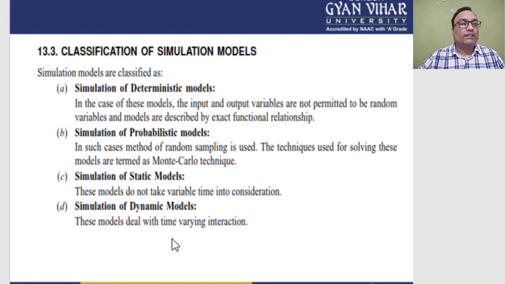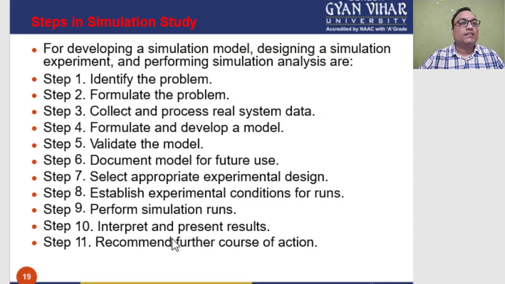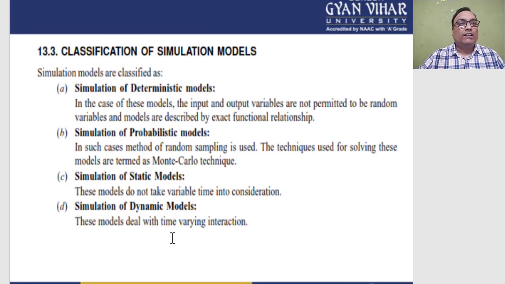And then on the basis of these steps, we can divide the simulation models into four types. First is simulation of deterministic models. In the case of these models, the input and output variables are not permitted to be random variables, and models are described by exact functional relationships.